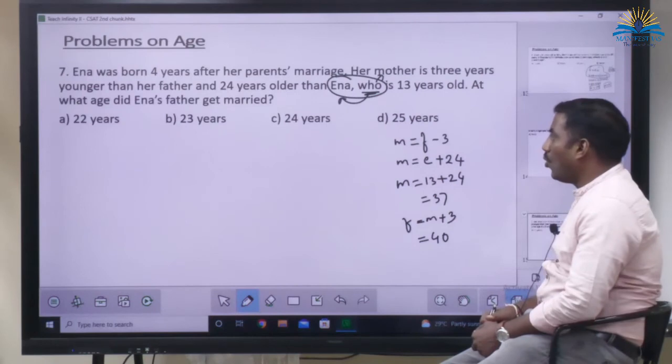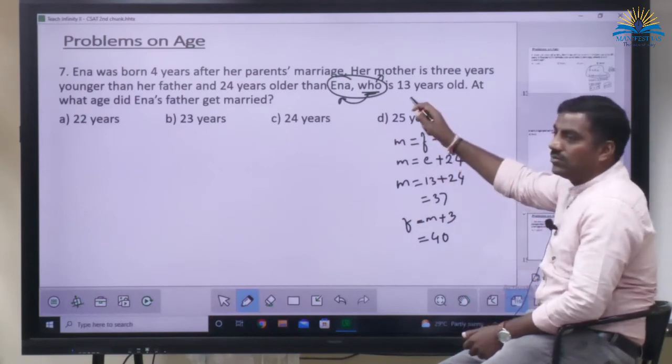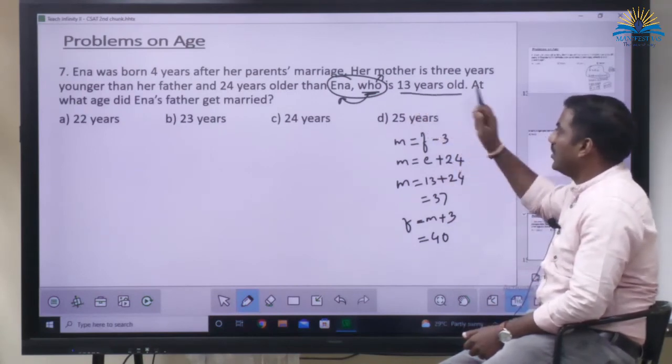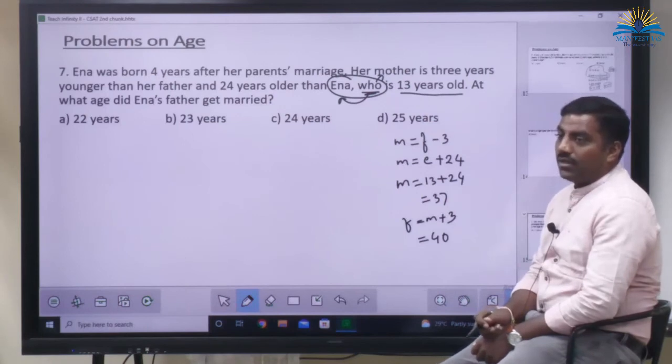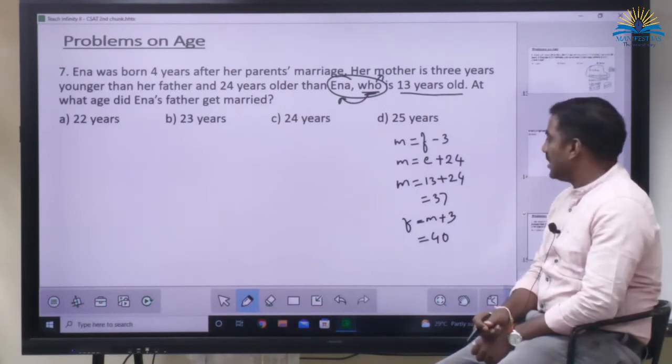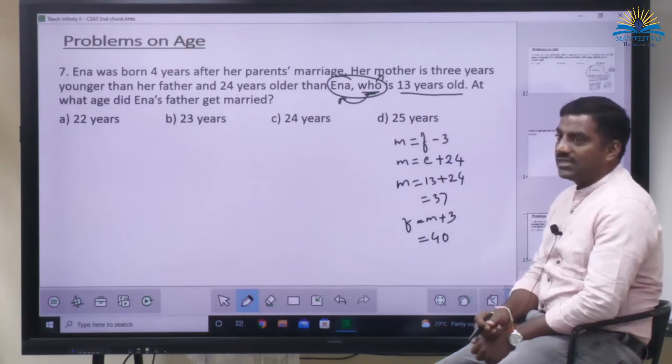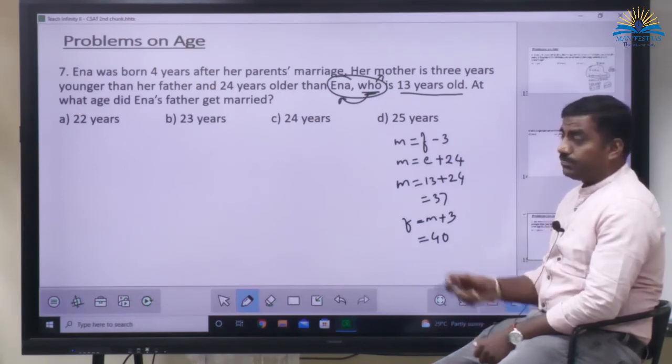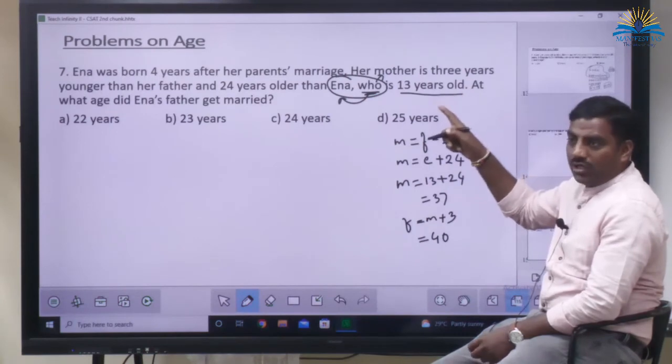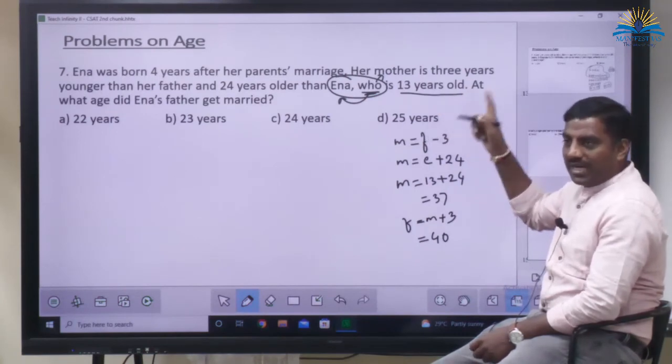Now, how old is Ina now? 13 years old. And right now, her age is 13, mother's age is 37, father's age is 40. So, she was born 4 years after the marriage.